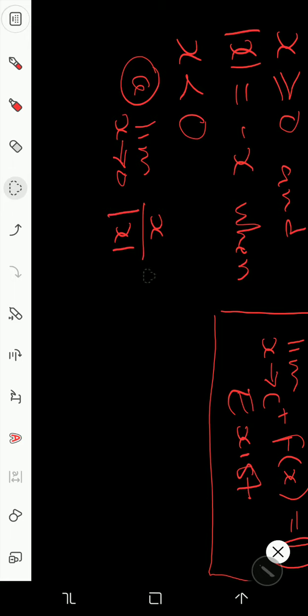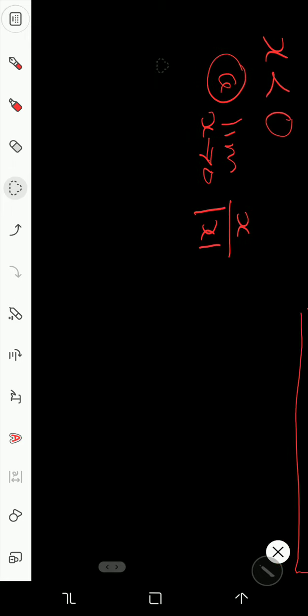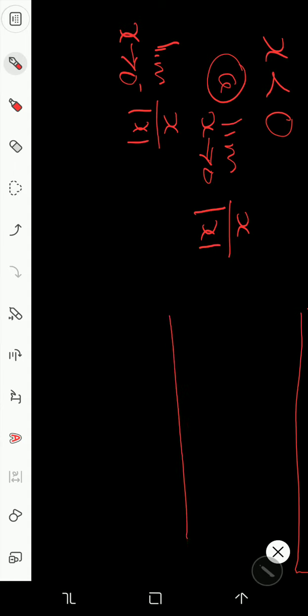Let's say, let us find the limit of this function as x approaches 0 from the left. So let's do this. This is 0.